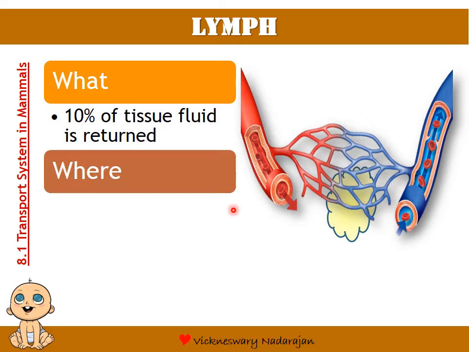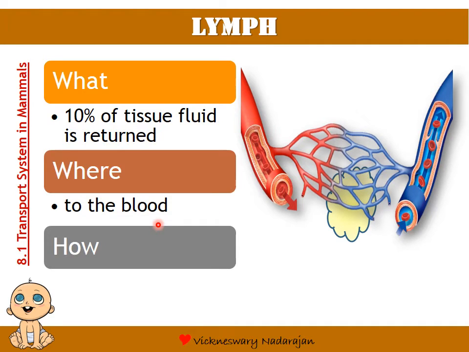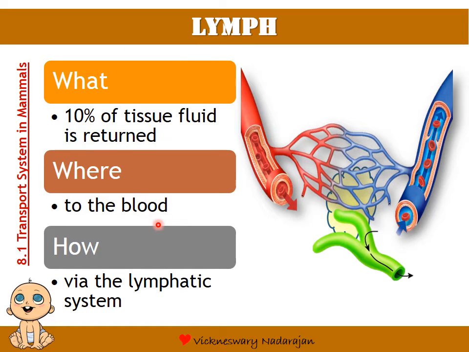Now this 10% has to be returned to the blood. Otherwise, the blood is going to be thicker, causing hypertension. So how are we going to return the 10%? That is why we have what is known as the lymphatic system.